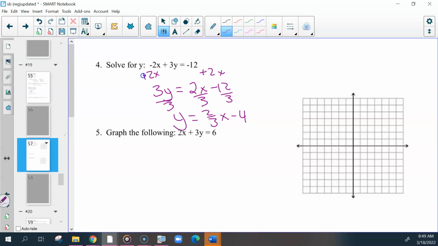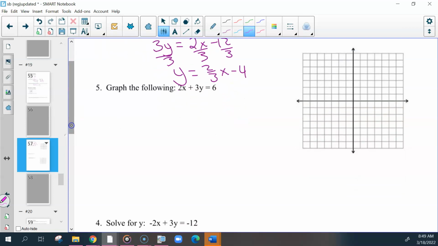Then we would do the same thing for number 5, but also graph it. Instead of adding, we would now subtract. We have 3y equals negative 2x plus 6. Divide everything by 3. So y equals negative 2/3 x plus 2.